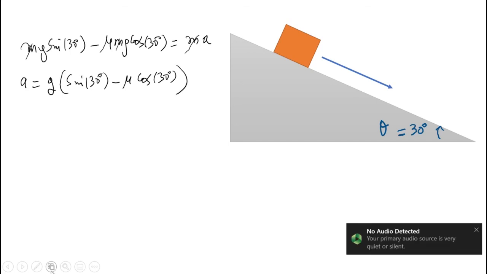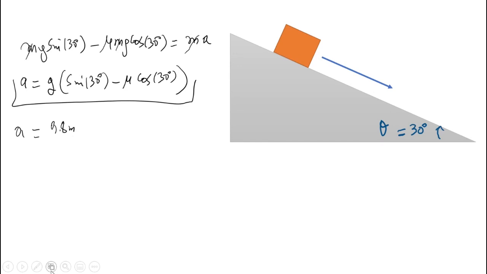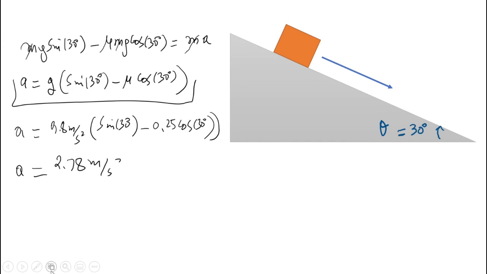Now the acceleration equals 9.8 meters per second squared, factor of sine of 30 degrees minus 0.25 cosine of 30 degrees. Now the acceleration should be 2.78 meters per second squared.